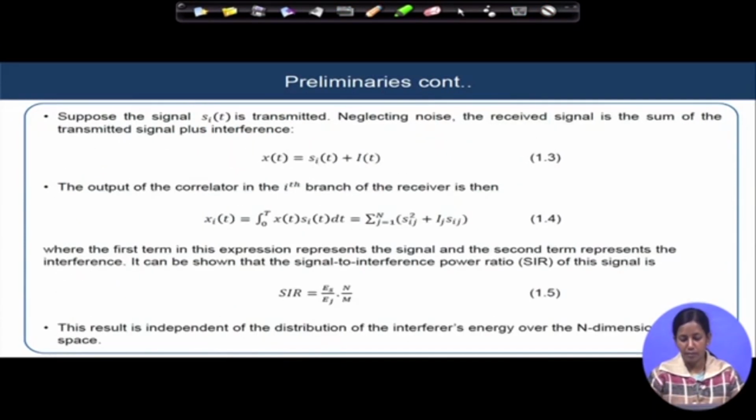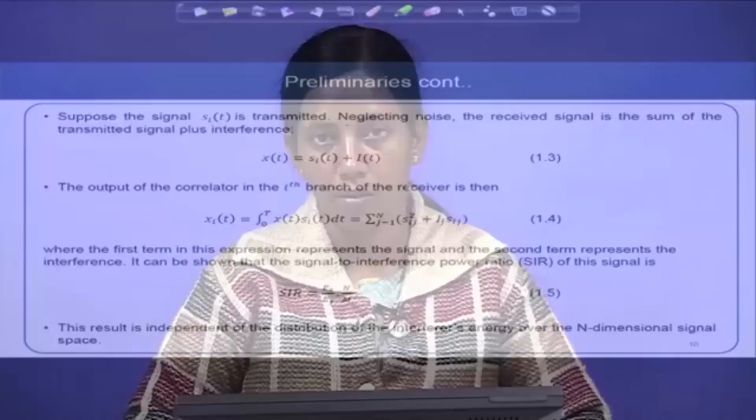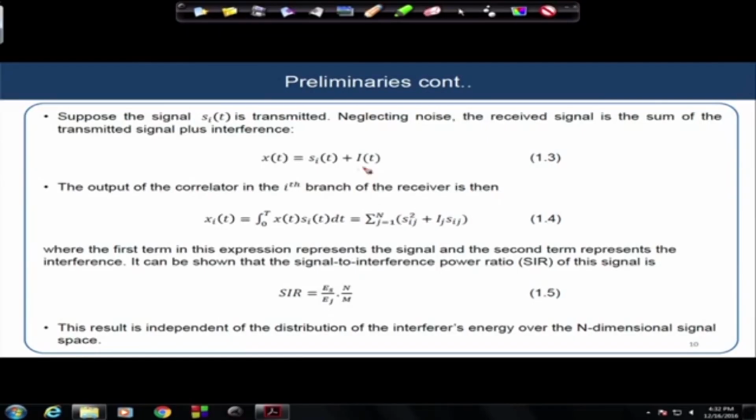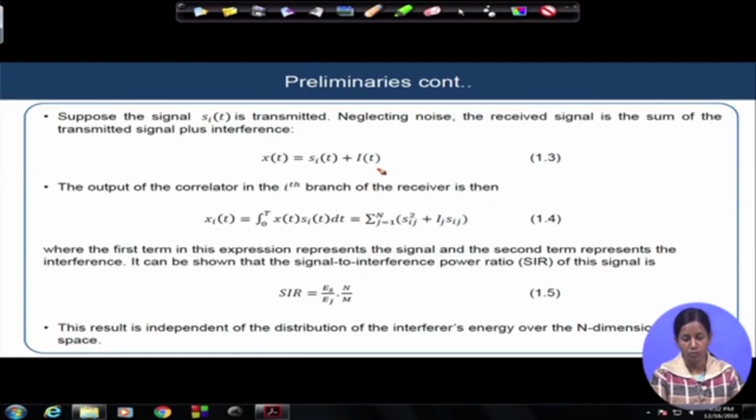So we have the signal as well as the interference. Let us now consider that at the input of the receiver we are receiving the original signal clubbed with the interference. For the sake of the analysis, let us consider that there is no noise associated with it.